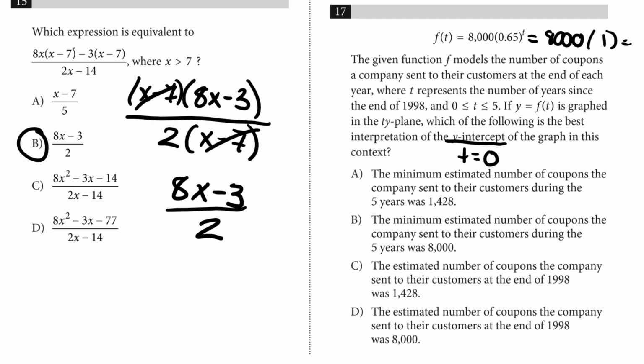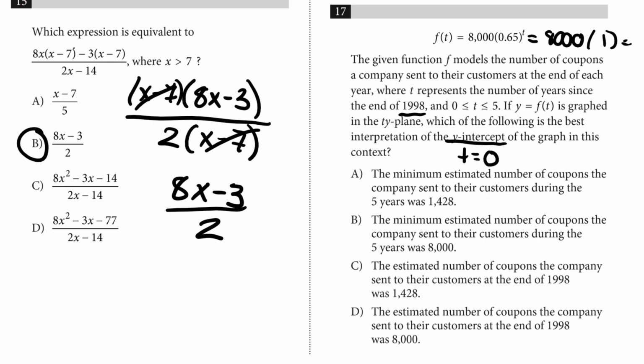So we know that the function will give us a value of 8,000 if we plug in t equals 0. And what this means is that this represents the number of coupons a company sent to their customers in the year that they refer to. So number of years since the end of 1998, this will be 0 years after the end of 1998.